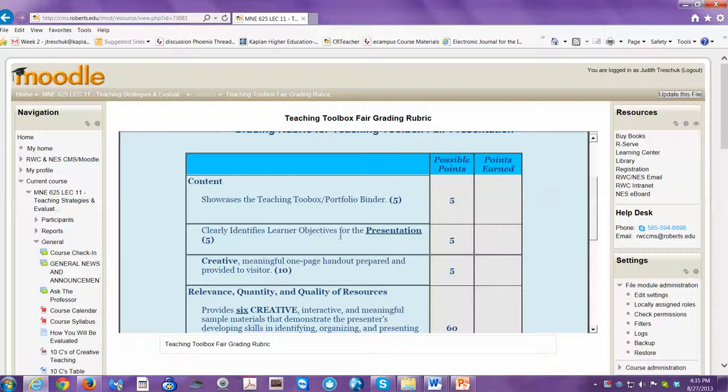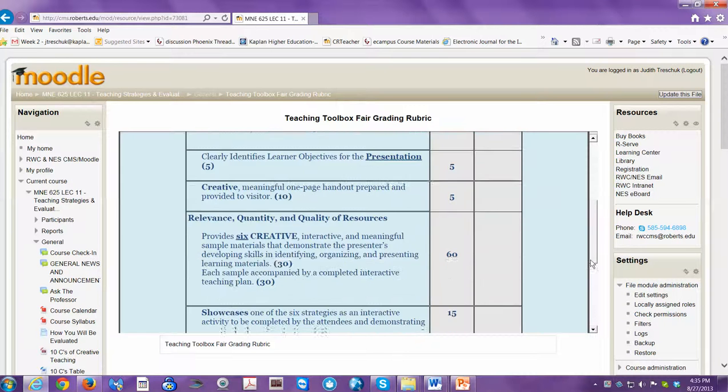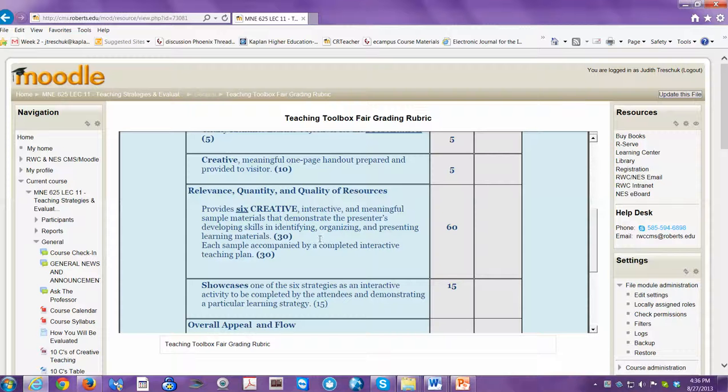You're going to identify learner objectives for your table, not for learners in your class, but for your audience who comes to your table. You're going to have a one-page handout, and you're going to have 6 creative, interactive, and meaningful sample materials demonstrating 6 different teaching strategies. You're going to have the interactive plans there.